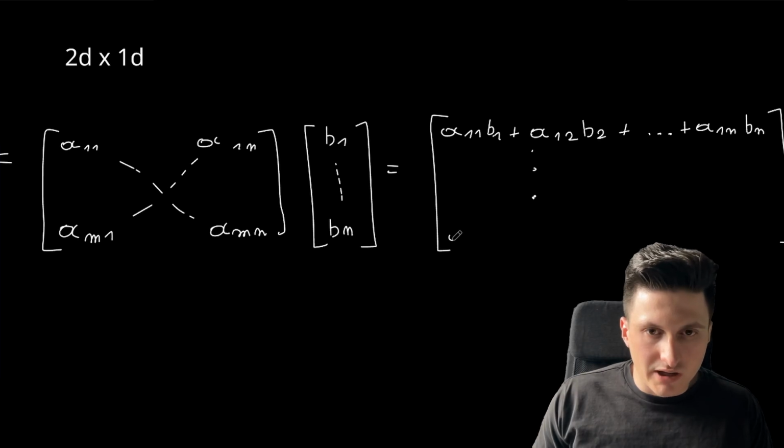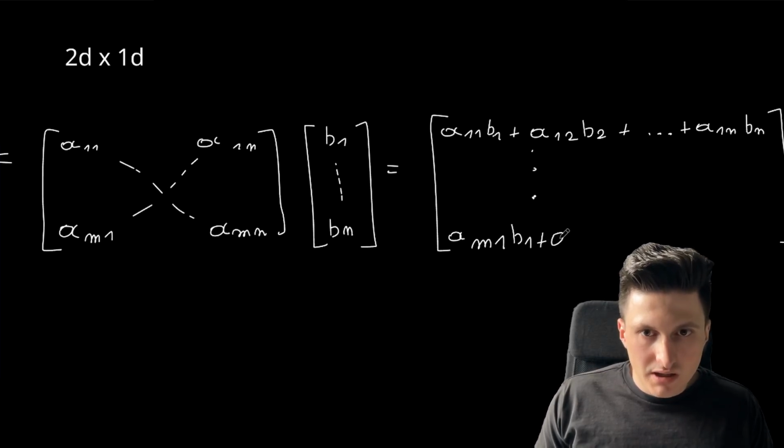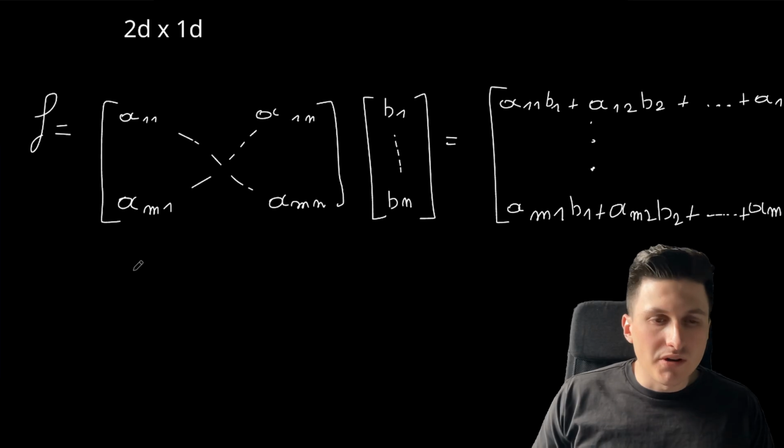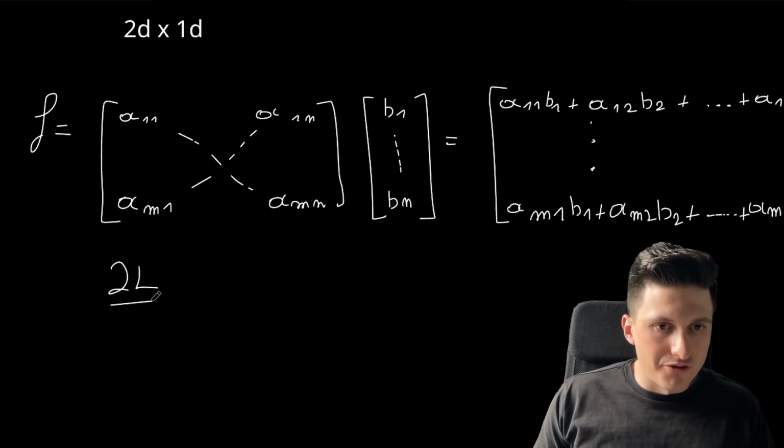And then let's also calculate the last element, am1 times b1 plus am2 times b2 plus amn times bn.